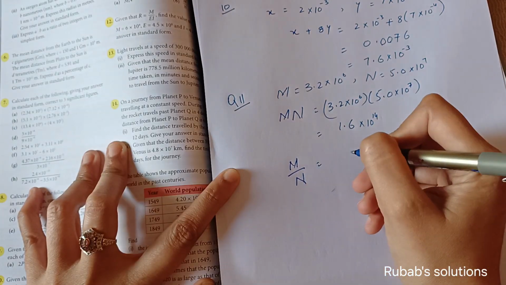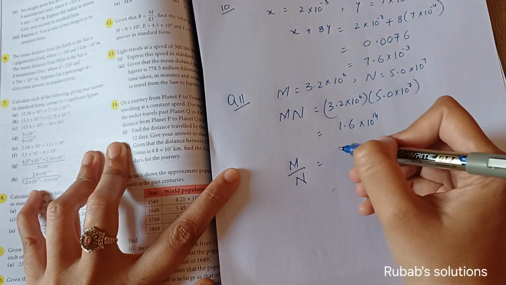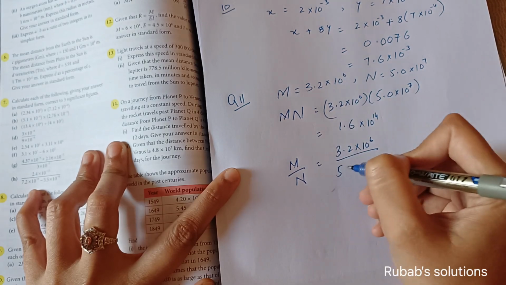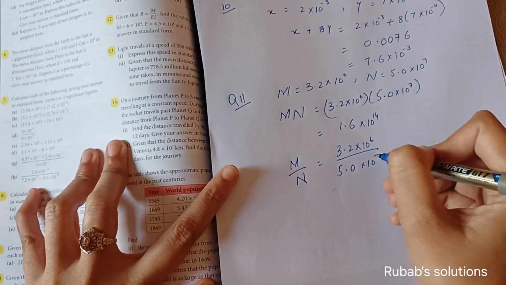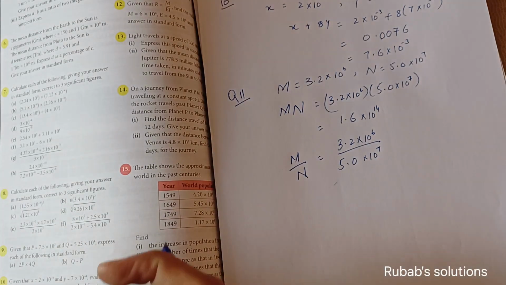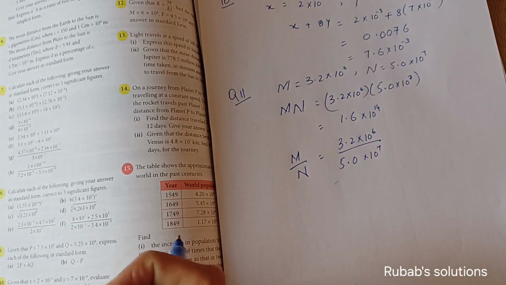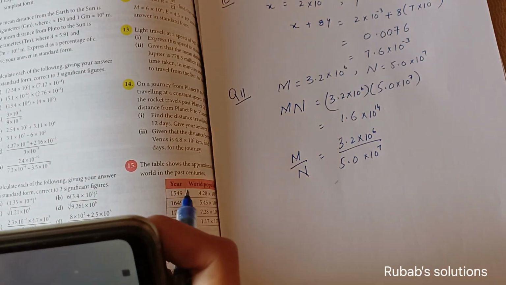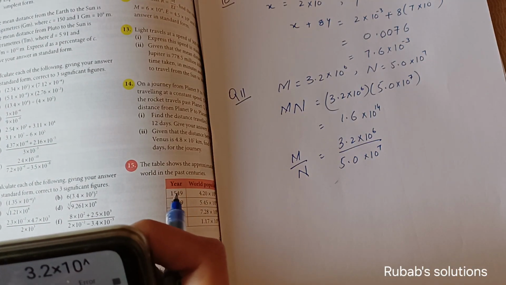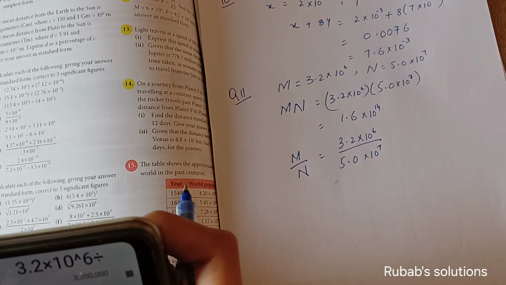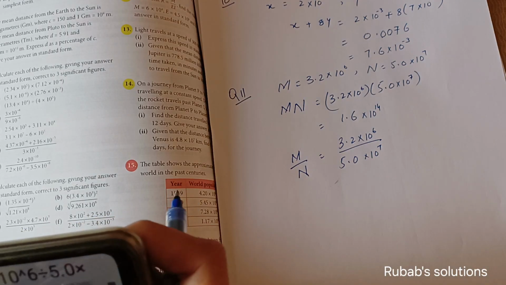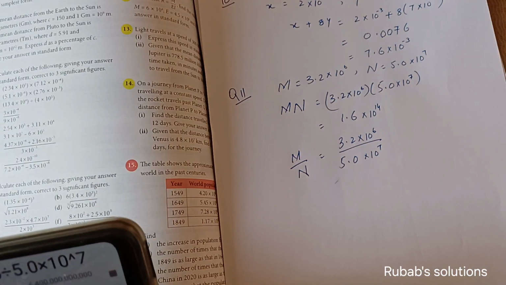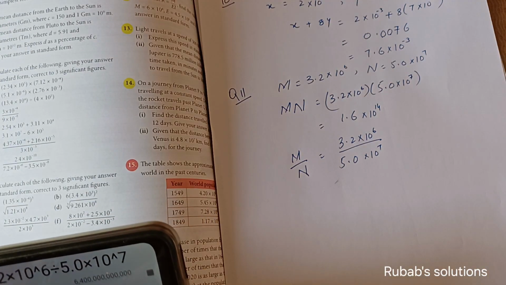So m is 3.2 into 10 power 6 divided by n, which is 5.0 into 10 power 7. I just have to change it to division, 3.2 into 10 power 6 divided by 5.0 into 10 power 7, and the answer is, it's too big an answer.